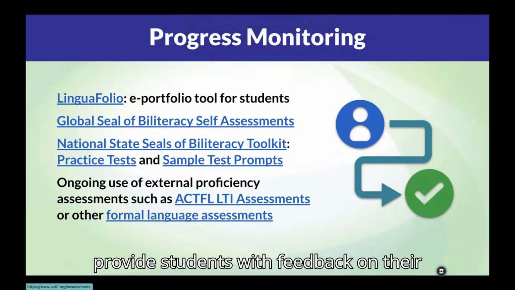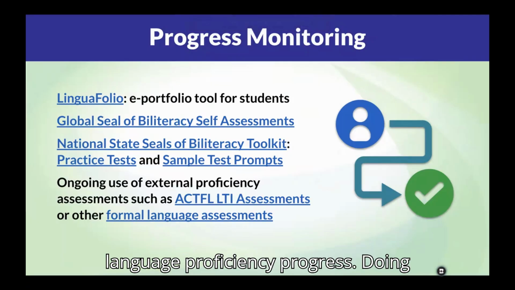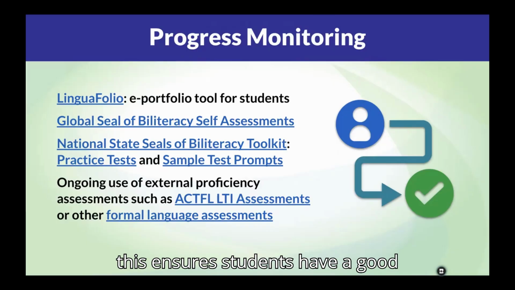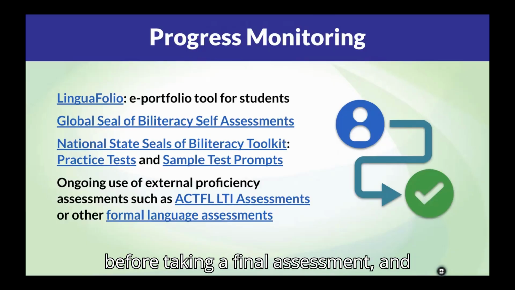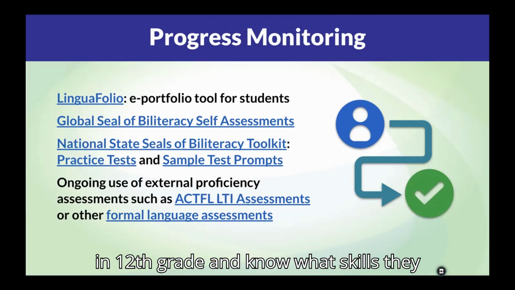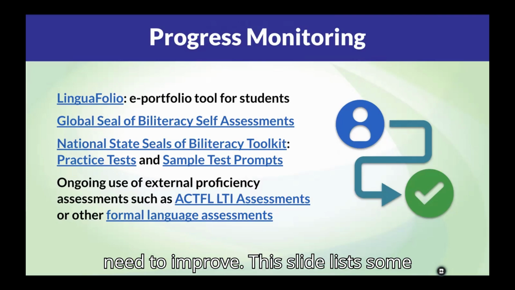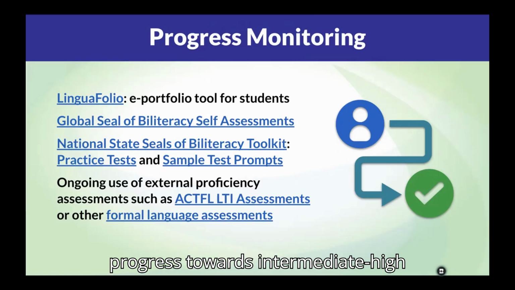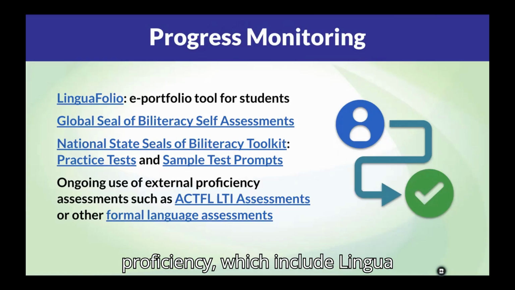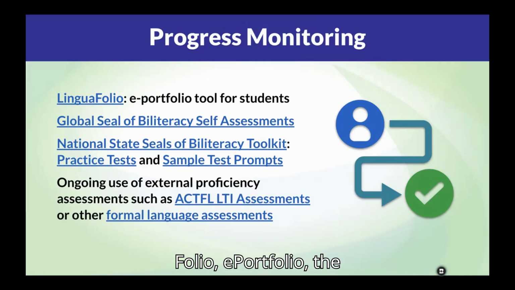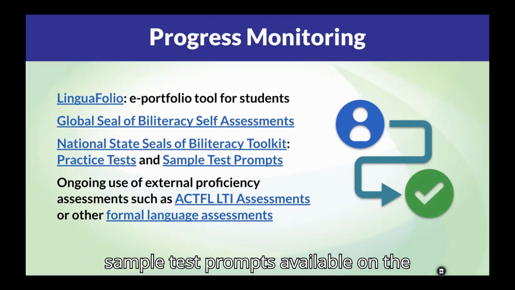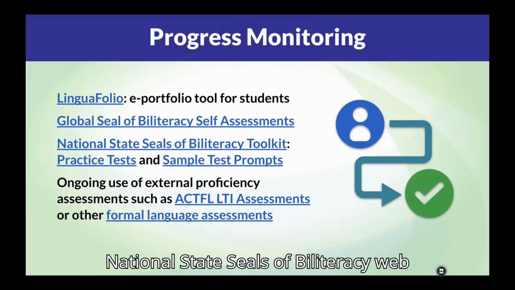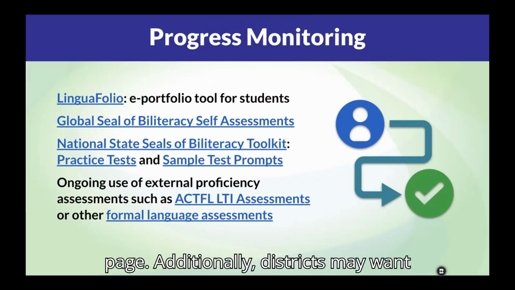It's important to provide students with feedback on their language proficiency progress. Doing this ensures students have a good understanding of their proficiency level before taking a final assessment in 12th grade and know what skills they need to improve. This slide lists some tools districts can use to monitor progress towards intermediate high proficiency, which include LinguaFolio, ePortfolio, the Global Seal of Biliteracy self-assessments, and practice tests and sample test prompts available on the National State Seals of Biliteracy web page.